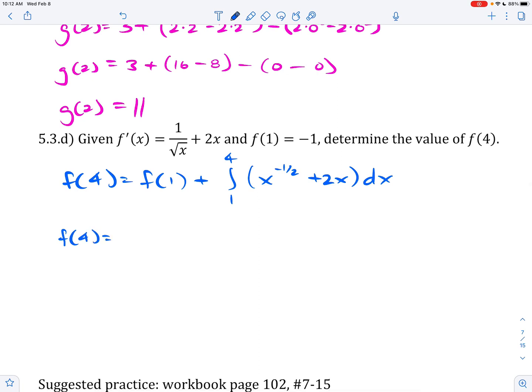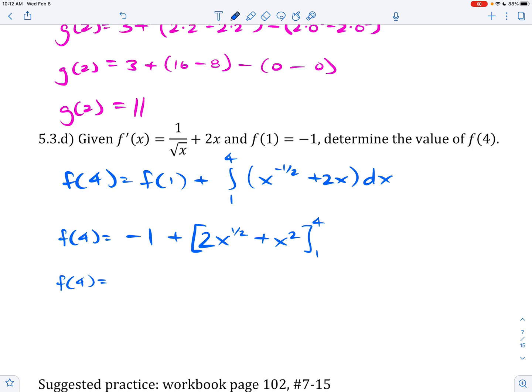So f of 4 is, f of 1 is negative 1. And then the antiderivative of this thing is going to involve x to the half. Must have been a 2 in front, since 2 times a half will give me the 1 coefficient. Okay. And then 2x came from x squared. And we're taking this from x is 1 to x is 4.